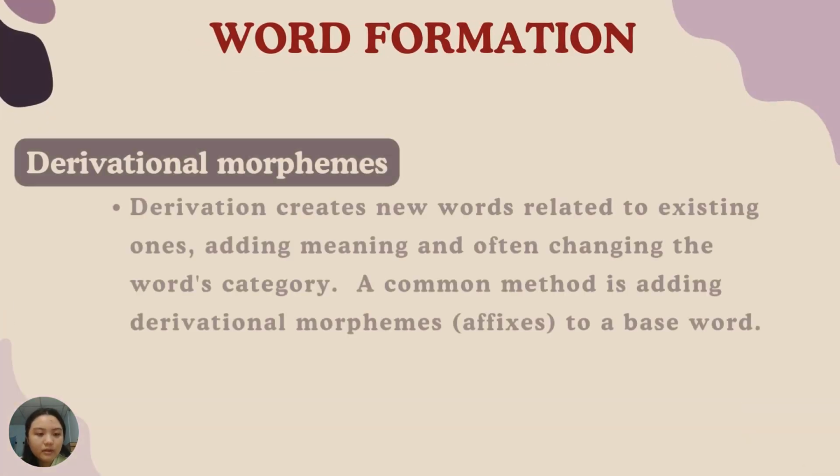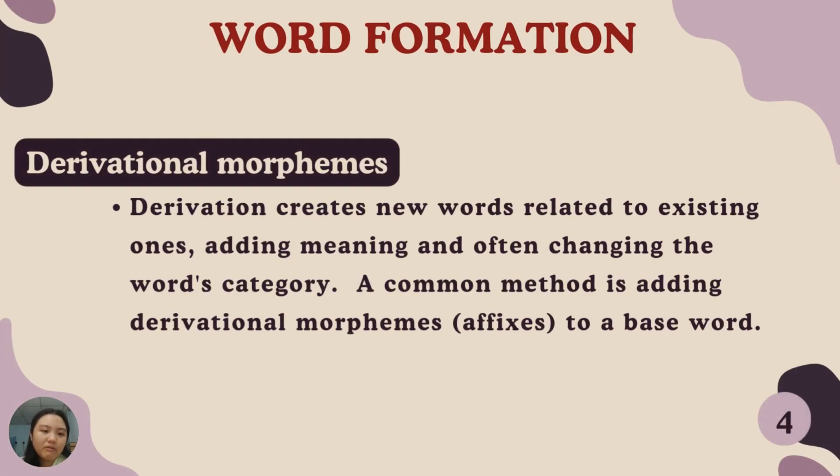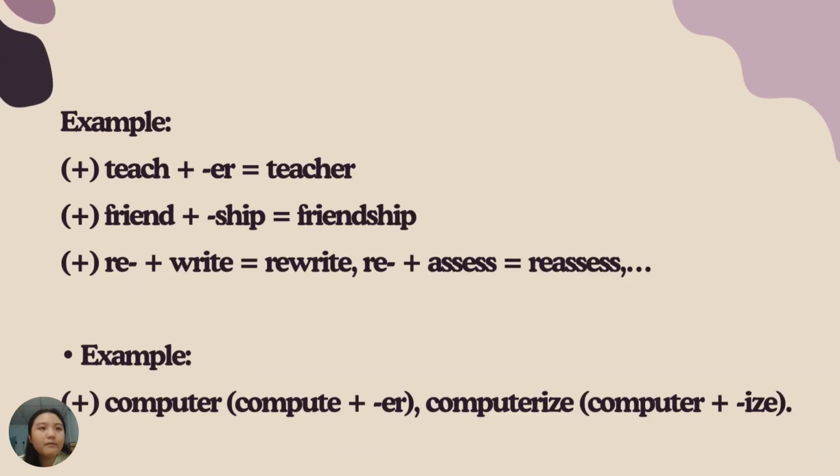Move to the last part, derivational morphemes in word formation. Well, derivation creates a new word related to an existing one, adding meaning and often changing the word's category. A common method is adding derivational morphemes to a base word.